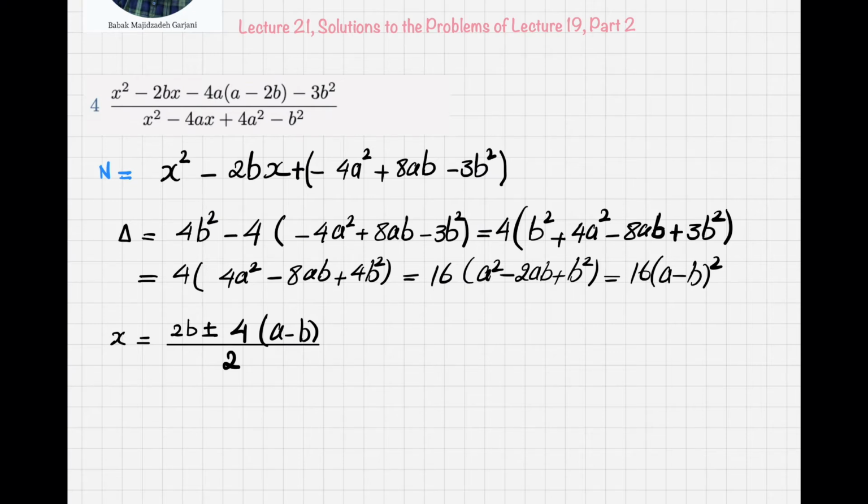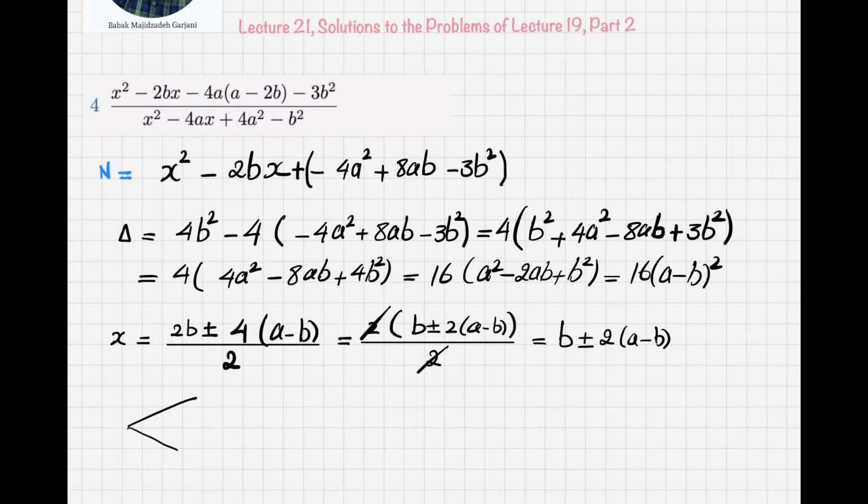Okay. Now you can see what I can do. I can factor a 2 out again. So then I am left with b plus or minus 2a minus b divided by 2. And then this factor of 2 and that factor of 2 are cancelled, so I will get two answers, b plus or minus 2a minus b. So I will have two answers. I will take care, so let me call it x1.